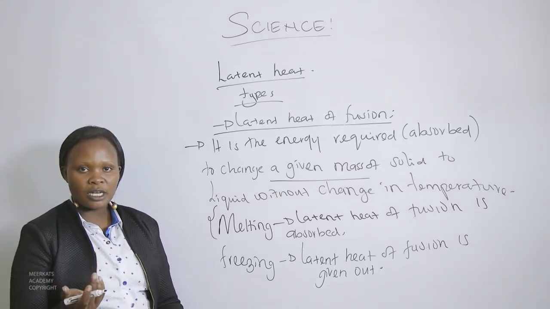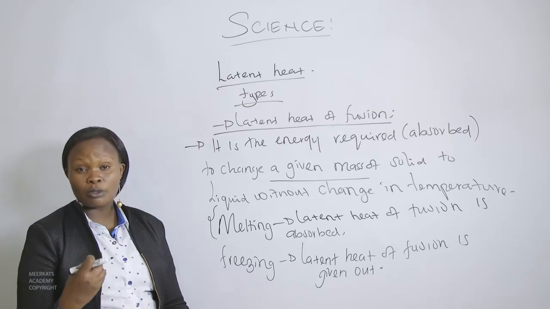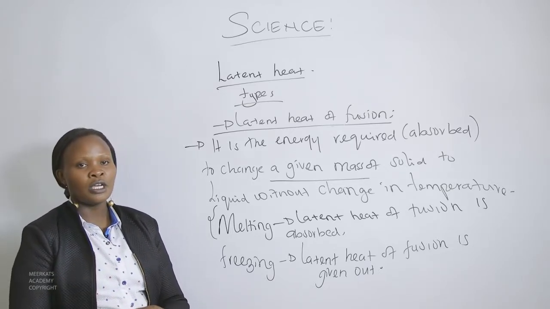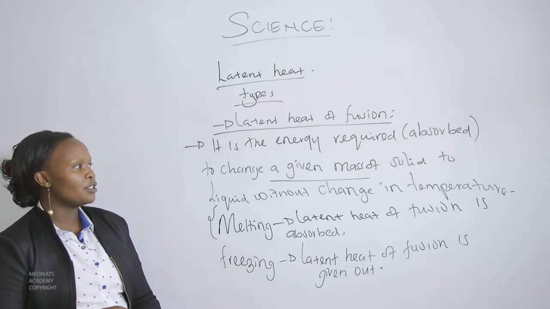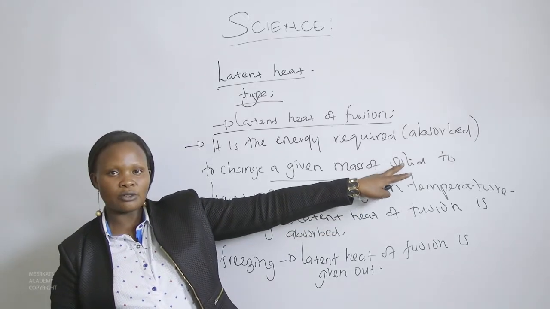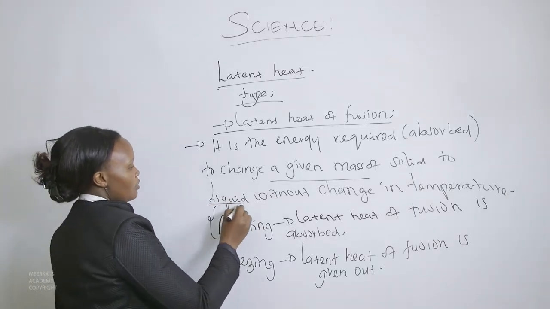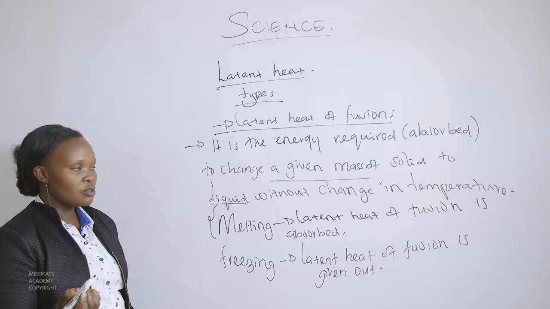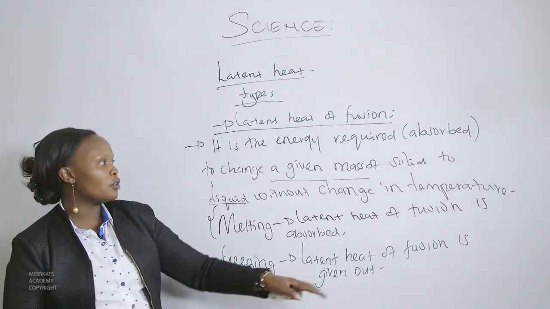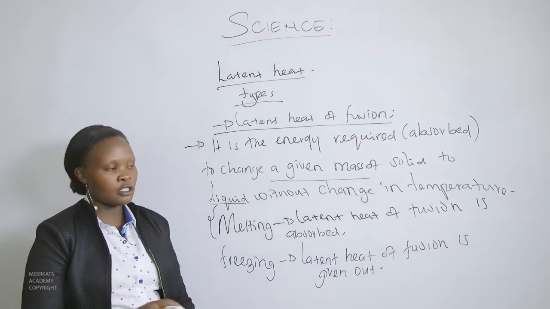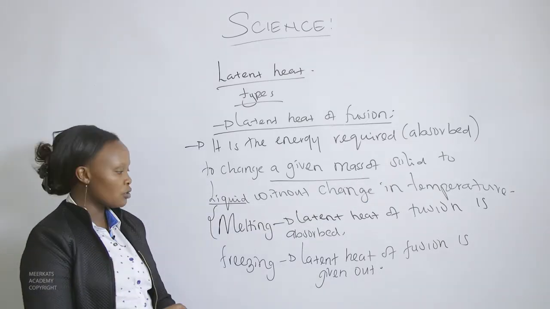Now, because we said that latent heat could be absorbed or even given out depending on what you want to achieve, follow our definition. We have just used a solid to a liquid, but we do not limit ourselves to that. You could also give it out for you to change a liquid to a solid. That one is also a valid definition.